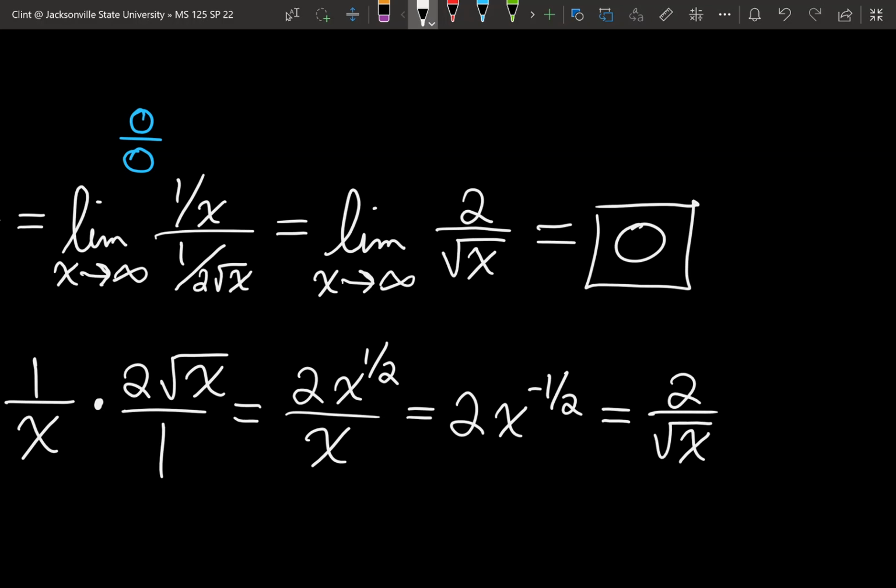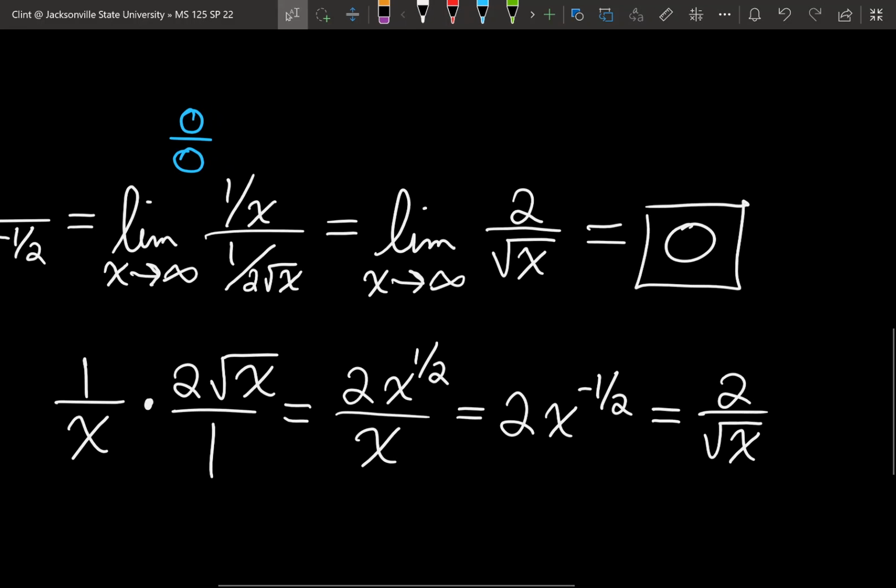So if you find yourself in a loop of L'Hopital's rule, try to look back and see if there's a step where you could rewrite it without using L'Hopital's rule to get you out of indeterminate form. Okay. Yeah, indeterminate. And really directly, you can only use L'Hopital's rule when it's 0 over 0 or plus or minus infinity over plus or minus infinity.